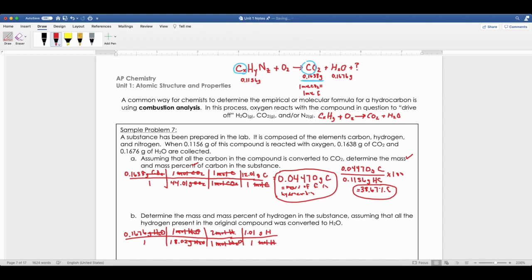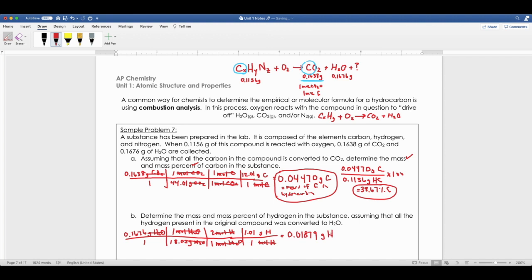I'm not making this diatomic here, because I'm just focusing on how many hydrogens are there. We only deal with diatomic hydrogen if we're looking at a chemical reaction that produces hydrogen. But in this case, because I'm counting the number of hydrogens, it's not H2. It's 2 moles of H. And when I solve for this, I'm left with grams of hydrogen, which is what I want. I have 0.01879 grams of hydrogen.